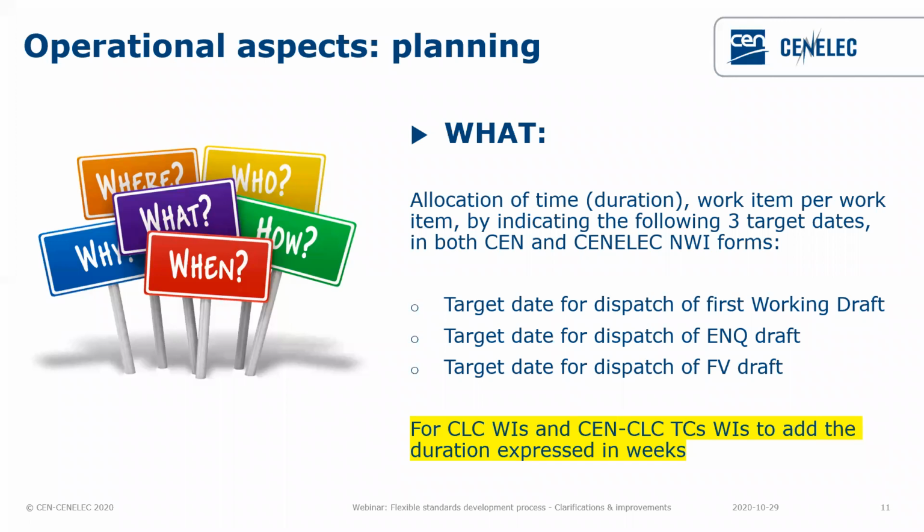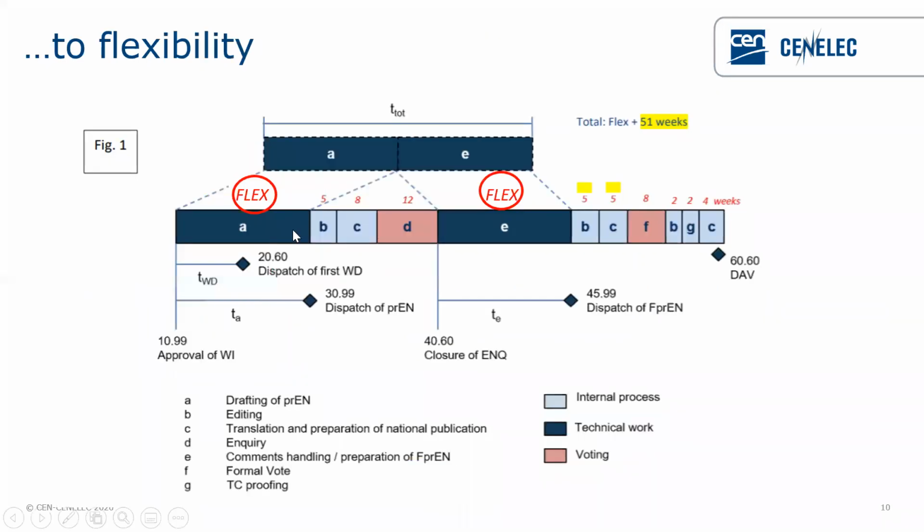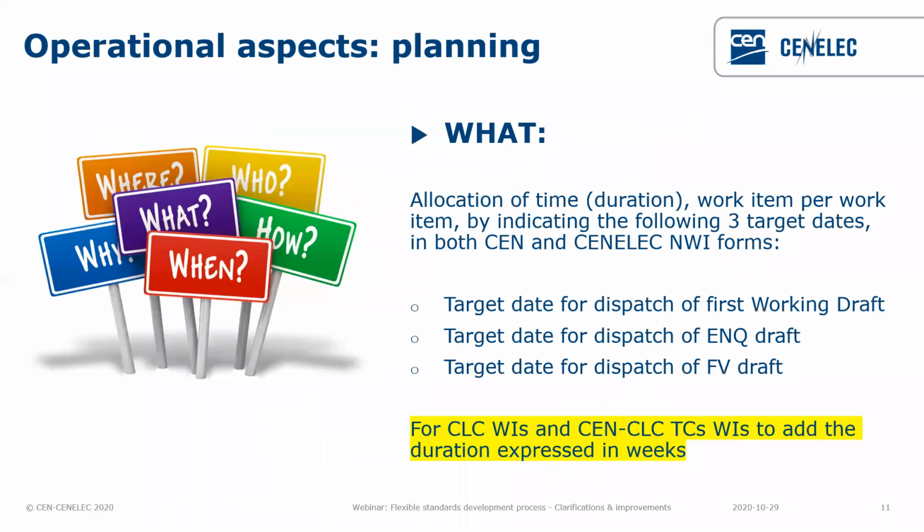So the target date for dispatch of the first draft, target date for dispatch of the inquiry draft, and the target date for dispatch of the formal vote draft. Those are here in the figure: 2060 dispatch of first working draft, 3099 dispatch of FPRN, and dispatch of the FPRN for the formal vote.